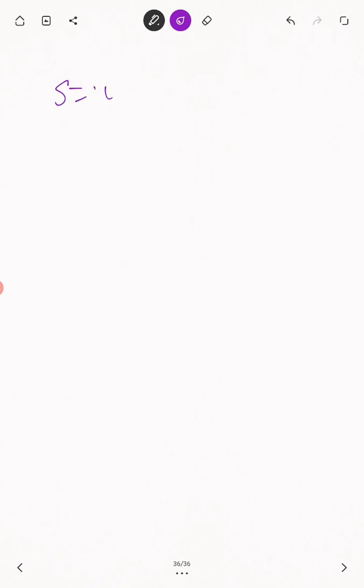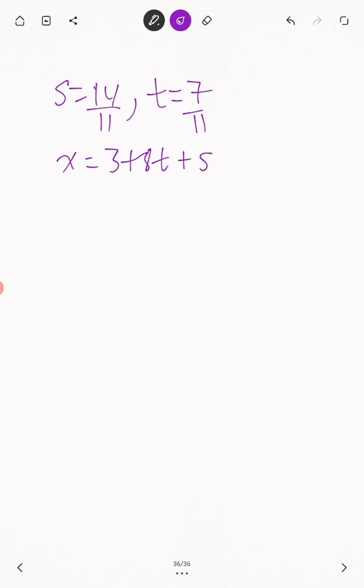s is 14 over 11. t is 7 over 11. x equals 3 plus 8t plus s from the first parametric equation. And so I just substitute in s and t. t is 7 over 11. s is 14 over 11.